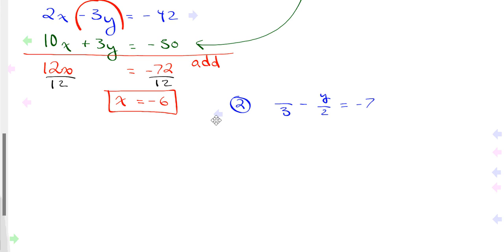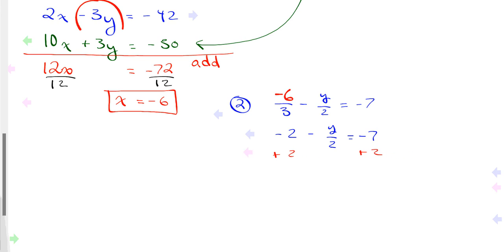And in that equation, I substitute the negative 6 in for the x. And simplifying, that'll give us negative 2 minus y divided by 2 equals negative 7.